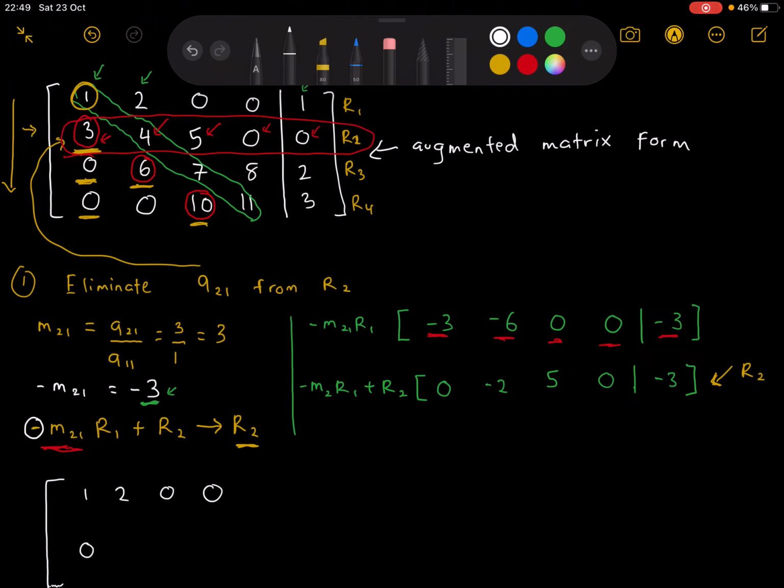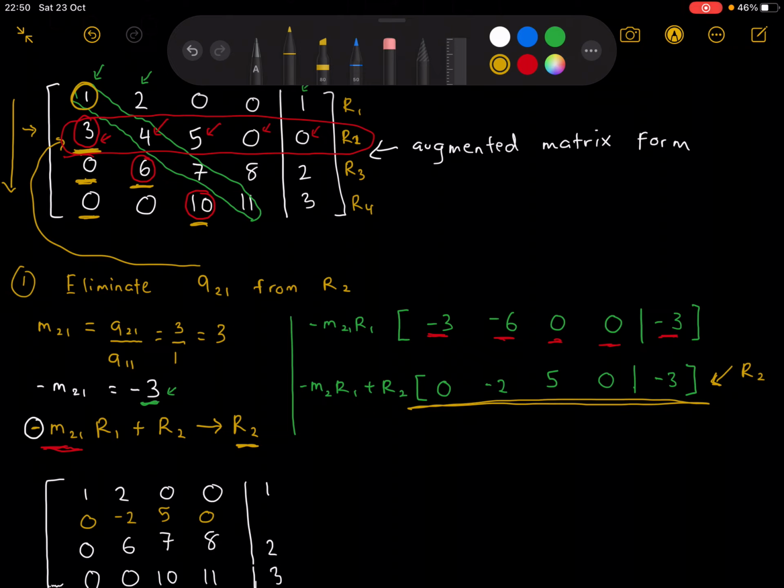Then I'll write the third row first, 0 6 7 8, 0 0 10 11, and then transfer this equation on row 2, so it becomes 0 negative 2 5 0. And then here we've got 1 2 3, and then the value here is negative 3. So this one is from here.